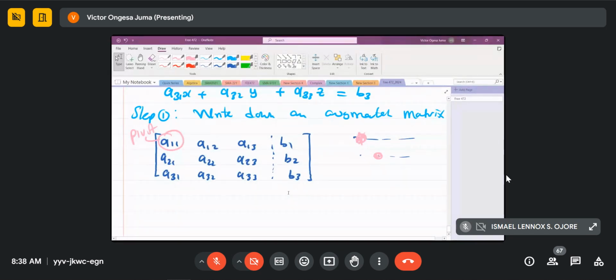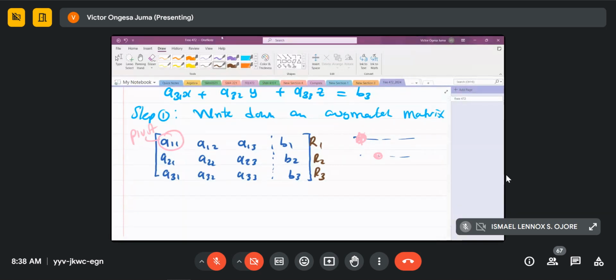Right? And so here, I can record rows just to reduce. I normally label rows so that you don't confuse. I may just label this as row 1, this is row 2, this is row 3. And so we want to reduce this matrix into row echelon form.